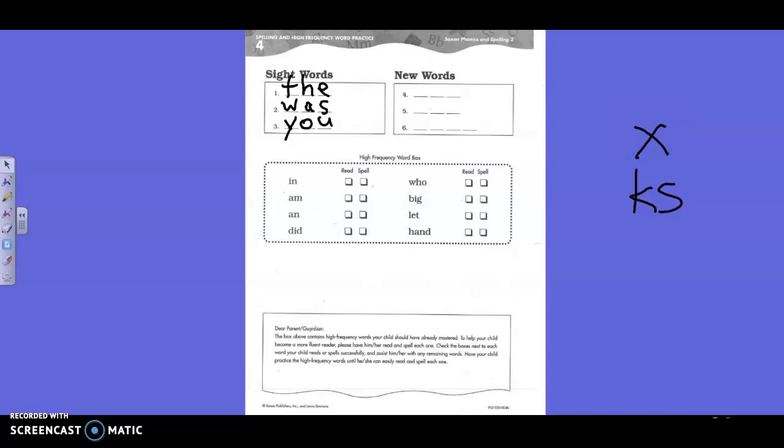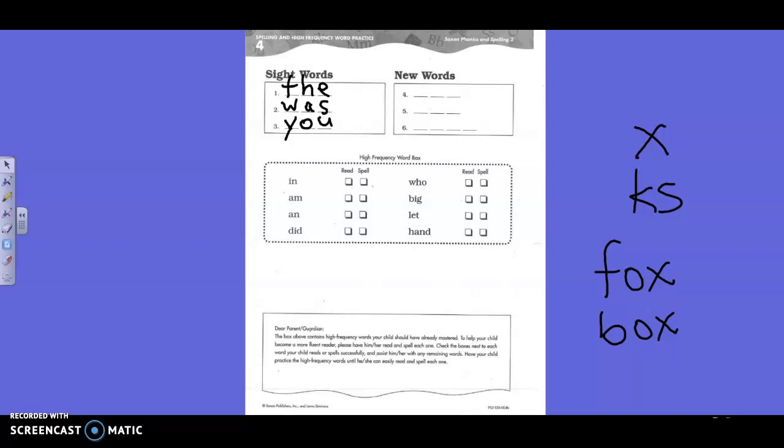Where do we find the letter X in those words? In the final position, or at the end. That's right, X is usually found either in the middle of words or at the end.